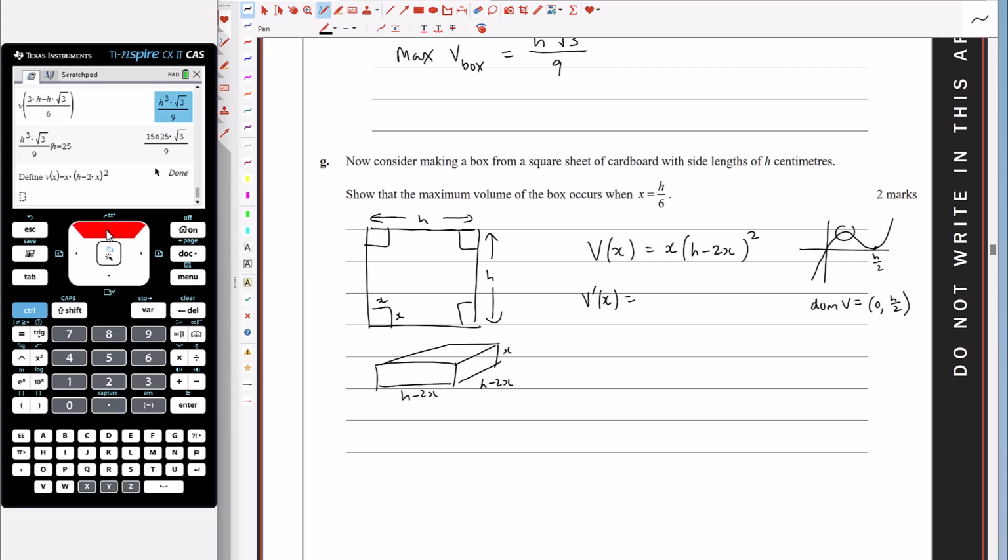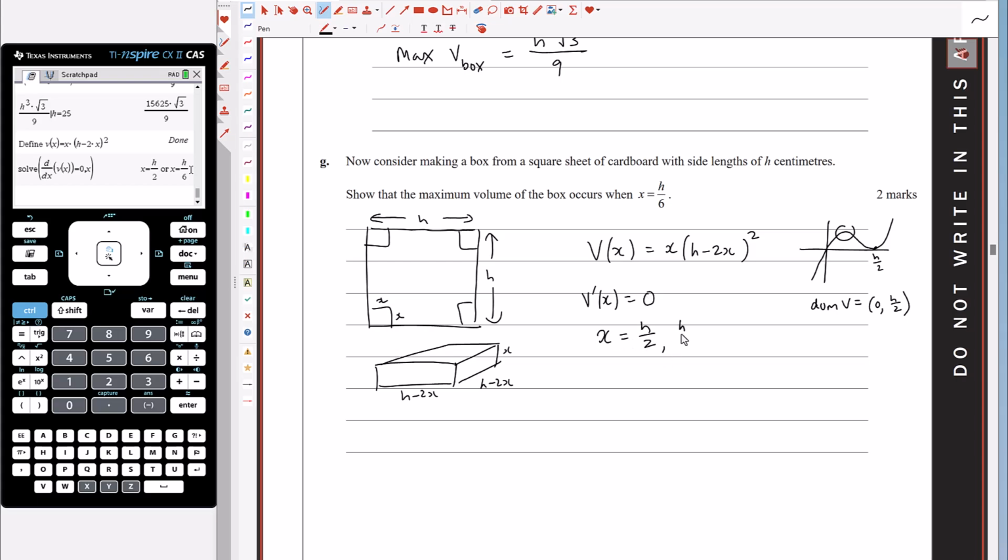And we're going to solve derivative equal to 0. And that's going to give us x equals h on 2 or h on 6. And we knew about h on 2, that's that x-intercept, there's a turning point there. Okay, and so our max volume is v at h on 6. That's all we need.